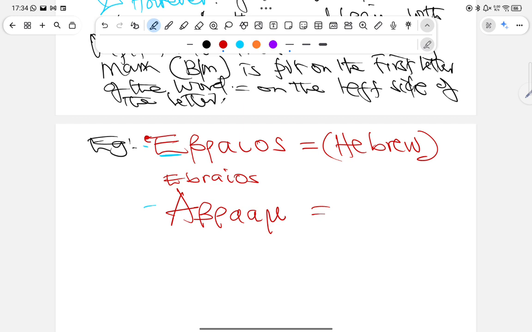For now, at least just to be able to help you identify with its equivalent, we do a transliteration. A alpha for A, and then beta for B, rho R, then double A, then M, Abraham. Abraham. All right.